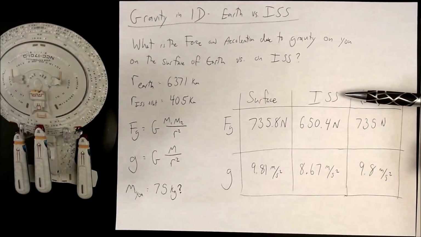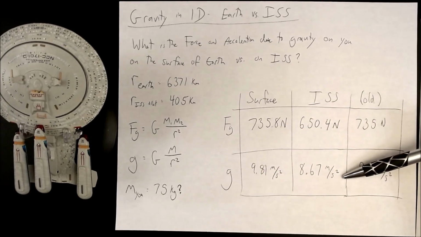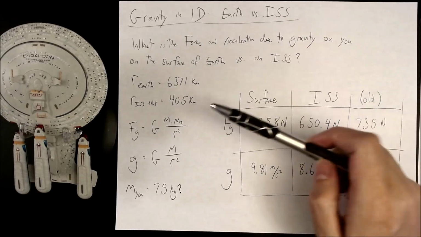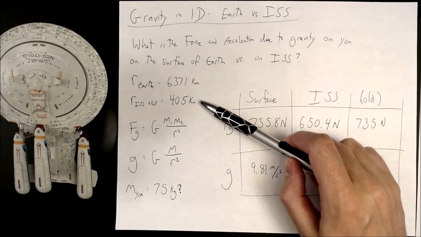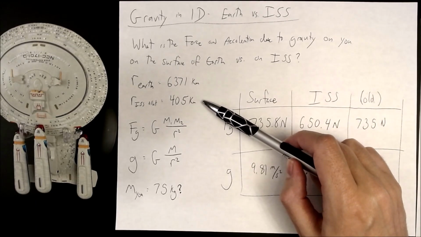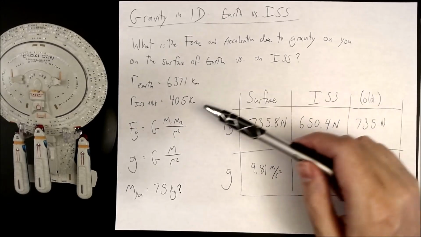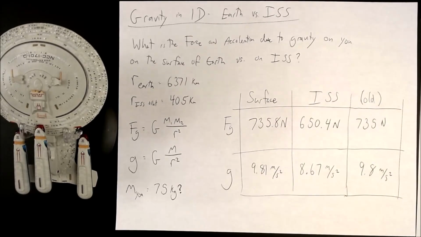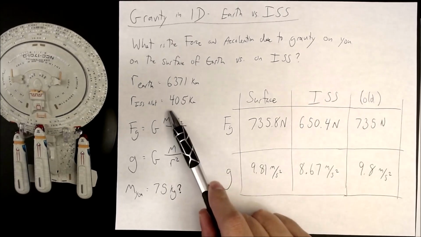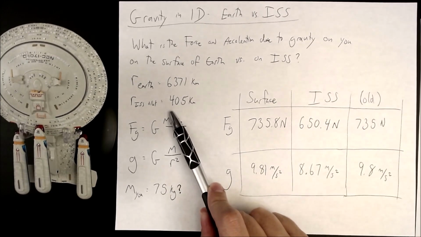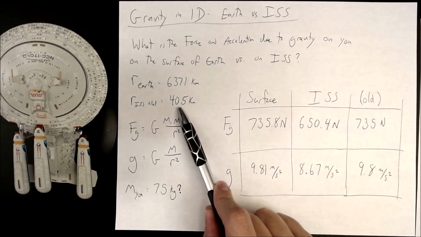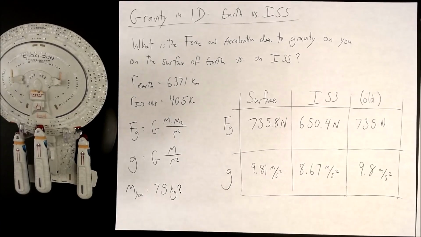If you do all this again for the International Space Station, you'll get these numbers. What is something that I bet a lot of people are going to mess up on when doing this for the International Space Station? Do you think that the space station orbits the Earth 405 kilometers from the center of the Earth?